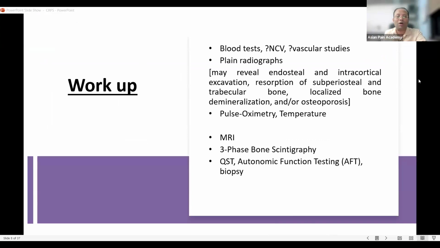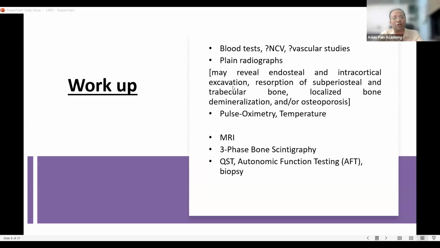Now, the workup. Why is this workup done? We have two intentions. One, exclude the known diagnoses. If it fits with any known diagnosis, then well and good for the patient and for the doctor, because the treatment will become easier.